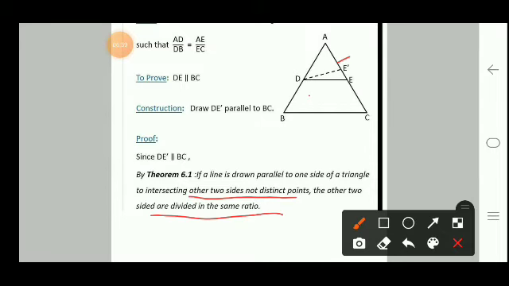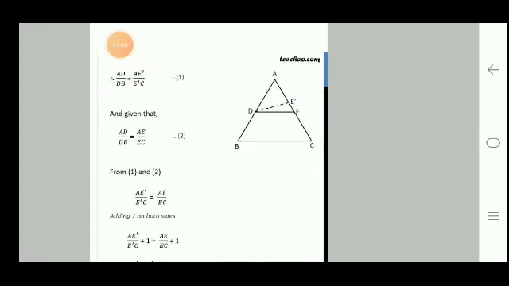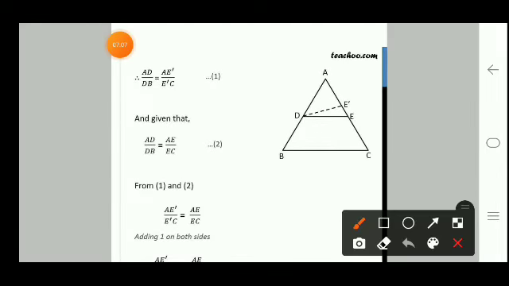So we get that AD over DB is equal to AE dash over E dash C, and as we already know, AD over DB is given equal to AE over EC.